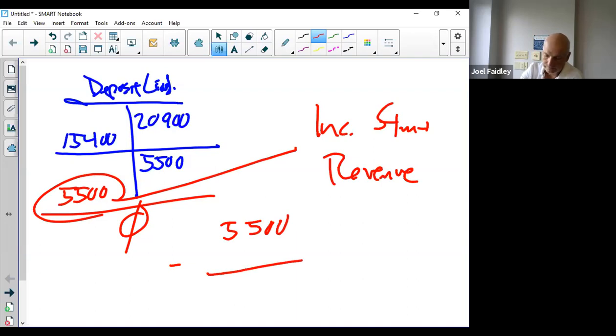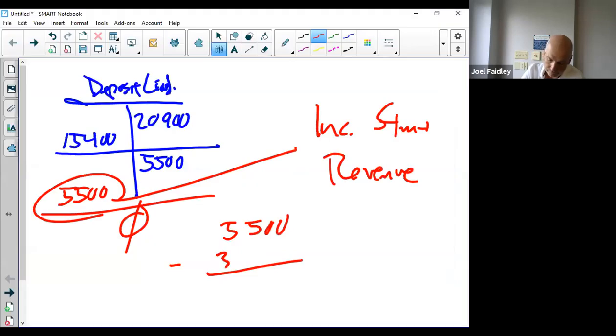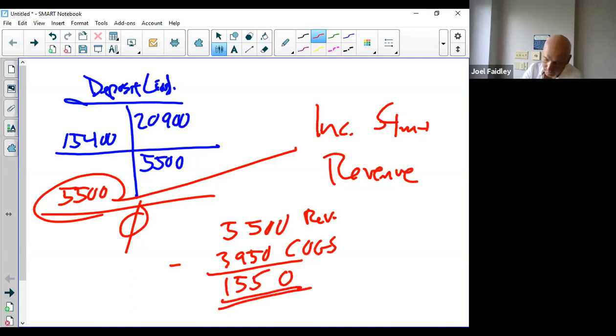Minus cost of goods sold, $3,950. $1,550 gross margin, because those dumpsters weren't returned. All right.